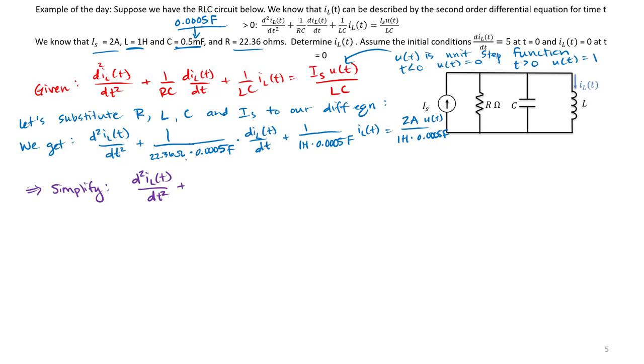So our 1 over RC term will become 89.44 dIL of t/dt. And then this 1 over LC term becomes 2,000.